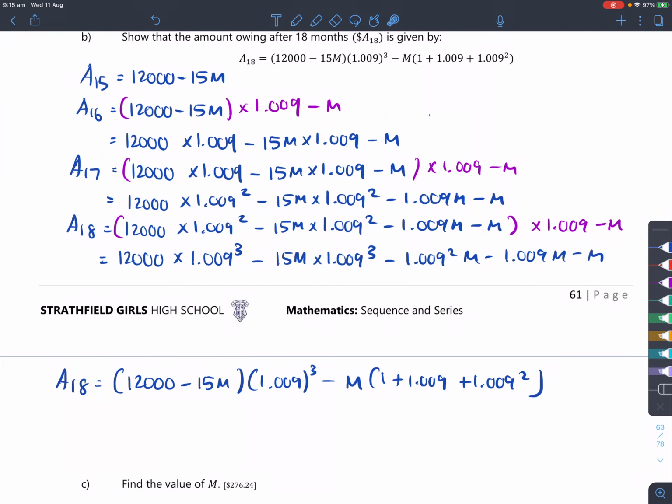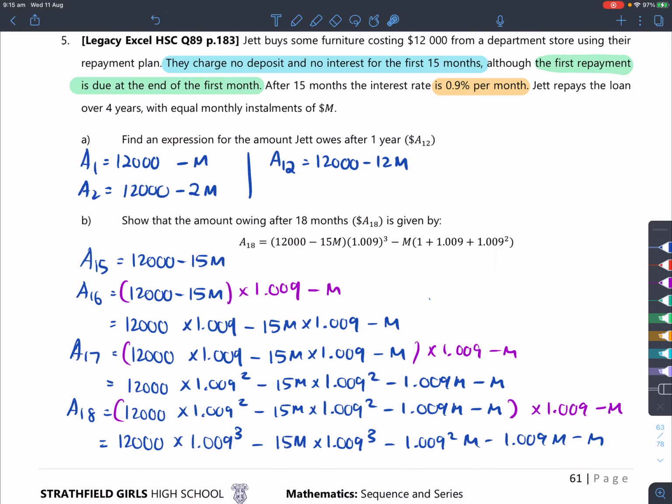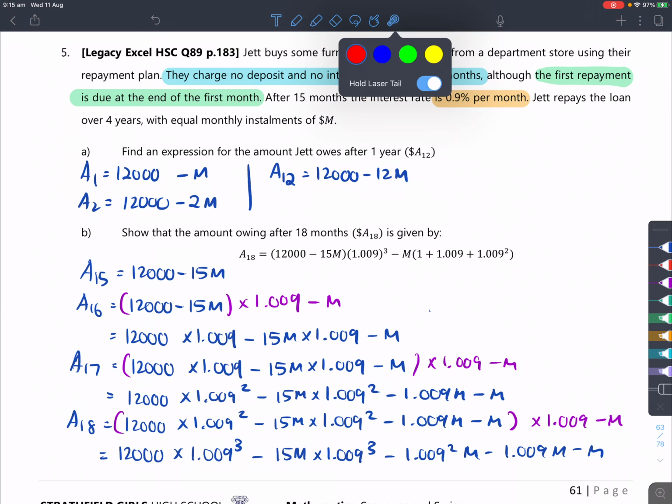Okay, so we need to find out the value of M by firstly finding out when it is that they owe nothing. So in this question, Jet repays a loan over 4 years. I established before that 4 years means the same thing as 48 months.